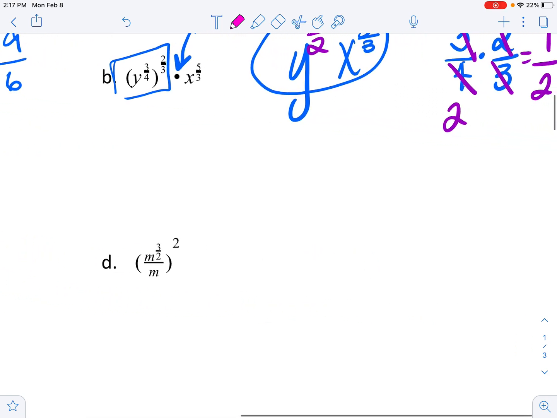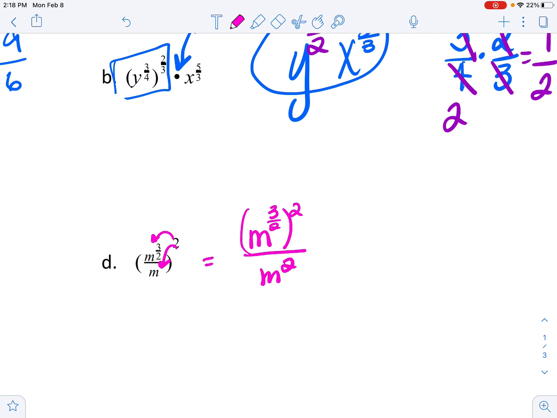Okay, so here it's applying to both. The exponent goes to both of the items. So we're going to do m to the 3 halves squared over m squared. Now raising a power to a power, we multiply. That gives us 3 halves times 2 over 1.